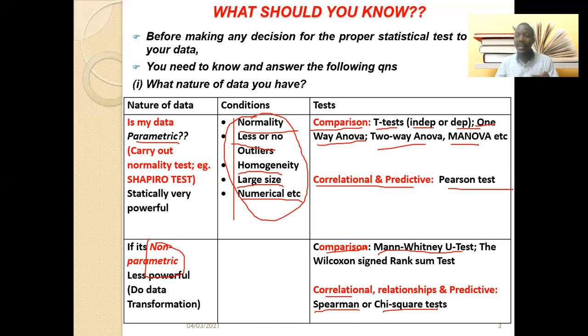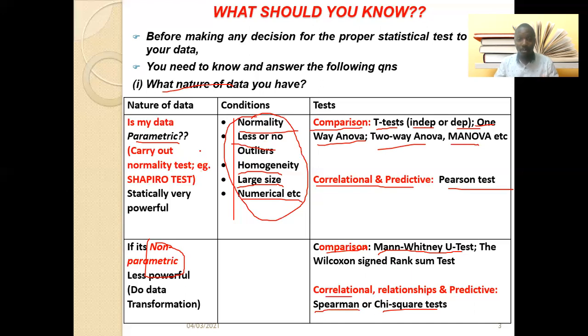Therefore, when we start speaking about, I'm going to use the chi-square test, I'm going to use the Spearman test, you need to conceptualize in your brain, okay, when you speak of the chi-square test, what is the nature of my data? That is the question that should come up in your brain. It's not just speaking that I'm going to use this test without knowing the assumptions behind it.